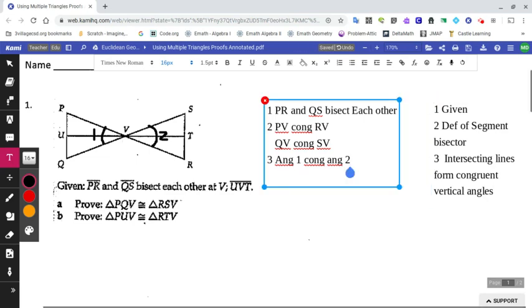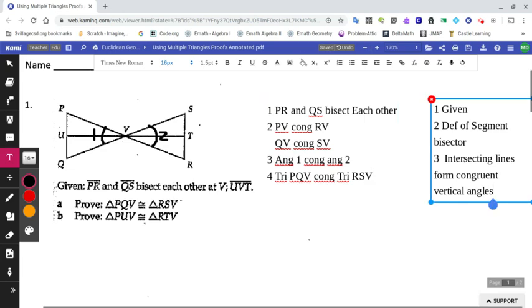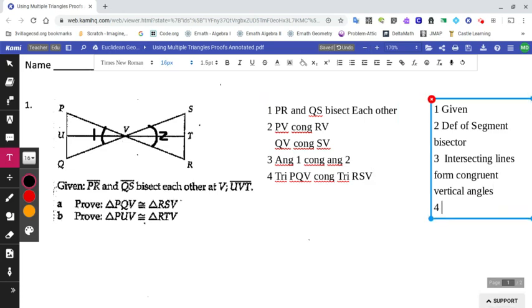So now those two big triangles are congruent to each other. So triangle PQV is congruent to triangle RSV, and we showed that by SAS.